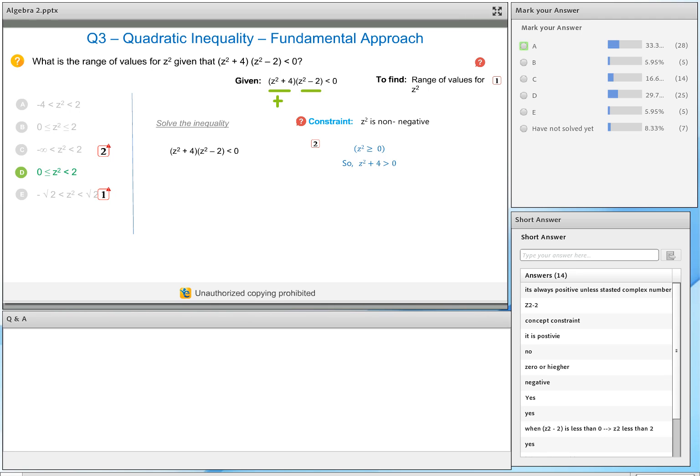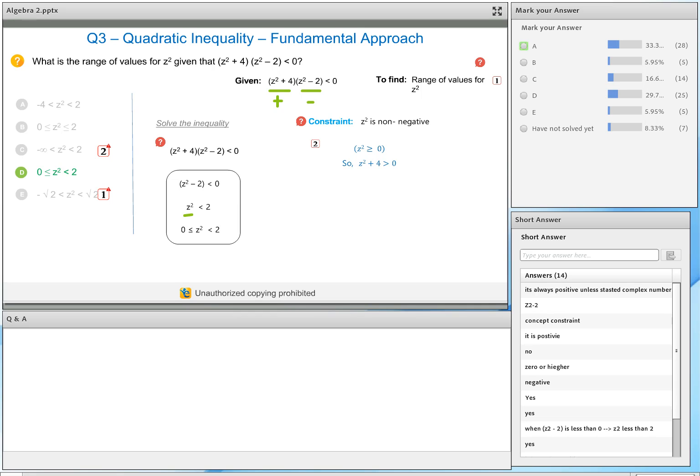For the product to be less than 0, z square minus 2 has to be negative, and that's where you get your range from. z square minus 2 is less than 0 means z square is less than 2. Then you apply the constraint on z square, that z square is greater than or equal to 0 and less than 2. And that's the answer, choice D.